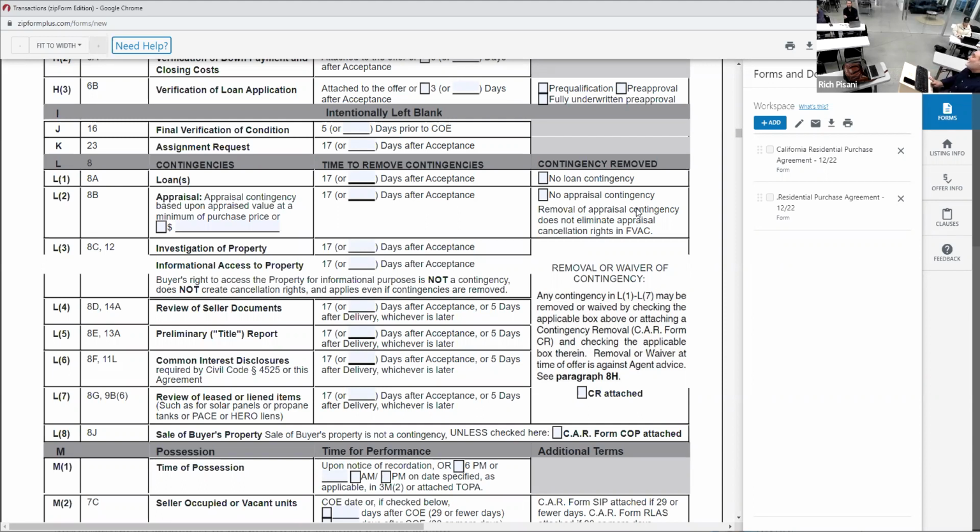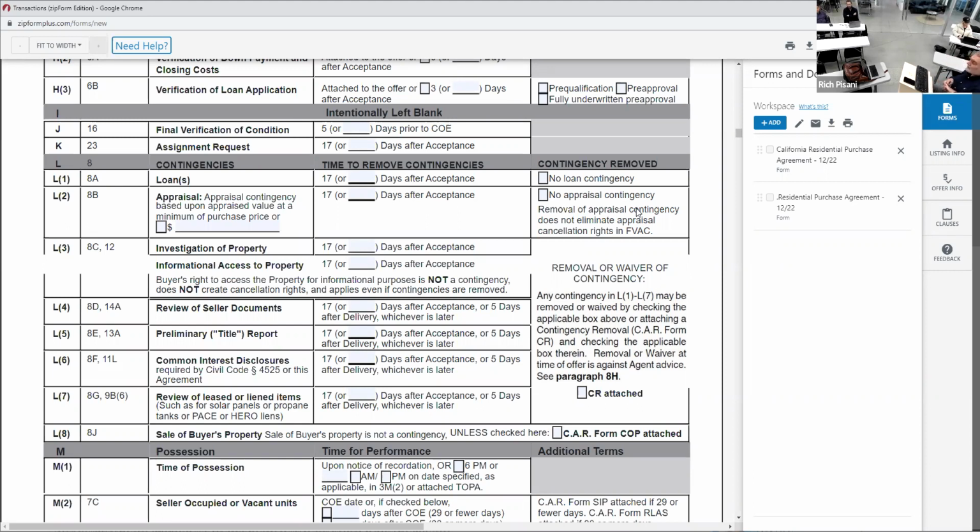So in order to get to that 450, the buyer has to add some cash. So they built it into the contract that if it appraises at the purchase price or 430, then they'll move forward. So anything 430 and above, they will move forward. If it appraises for 429, they've got an out.